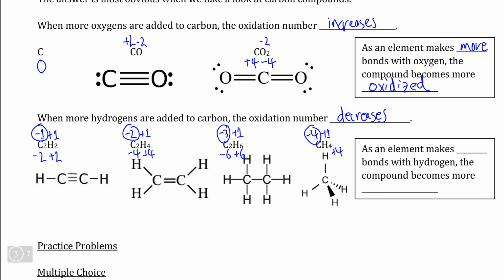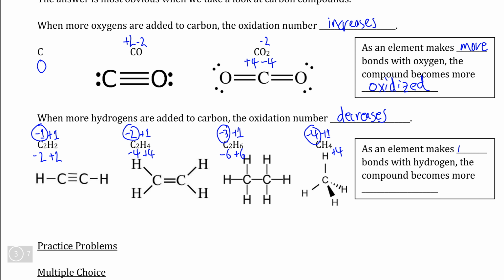Now, if we look at the number of bonds that each carbon makes with hydrogen, in ethyne, we see that each carbon is bonded to one hydrogen. In ethene, we see that it's 2. In ethane, we see that it's 3 hydrogens per carbon. And then in methane, we see that it's 4.